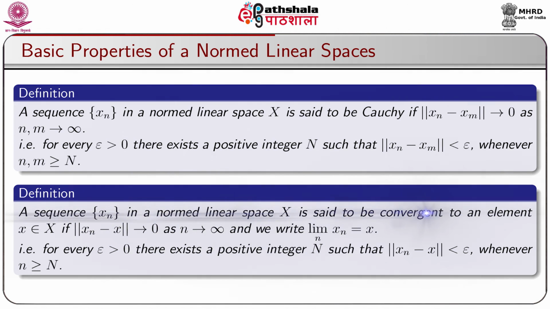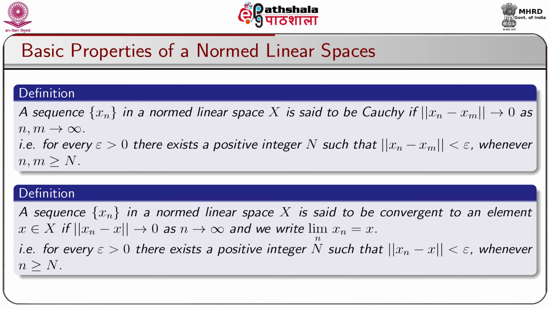In the real number space R, a sequence xn is said to be Cauchy if modulus of xn minus xm tends to 0 as n, m tends to infinity. A sequence xn in a metric space X is said to be Cauchy if d of xn, xm tends to 0 as n, m tends to infinity, where d comes by the induction of the norm.